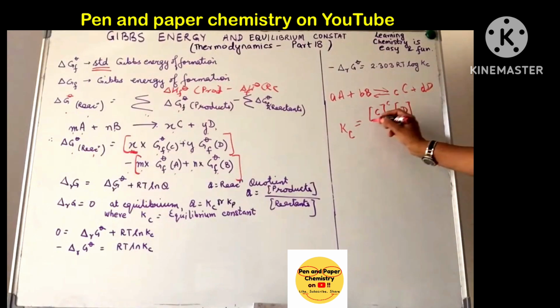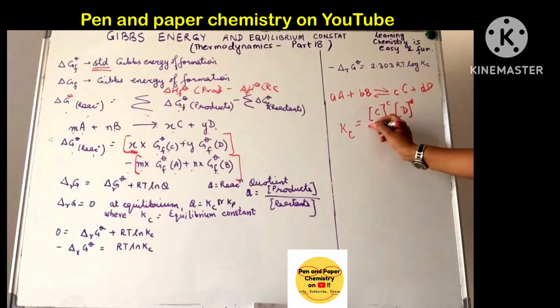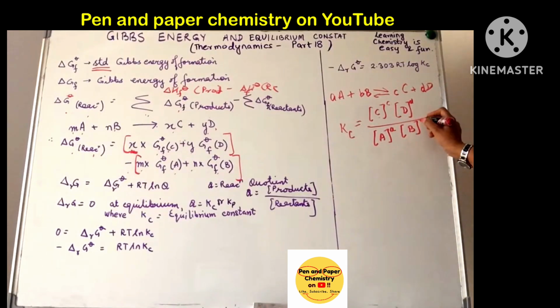The concentration here is in moles per liter of the products raised to the power of their coefficients, so here the coefficient of C is c, the coefficient of D is d, divided by the concentration of the reactants raised to the power of their coefficients. This is how we will write the equilibrium constant for a reaction. So [C] to the power c multiplied by [D] to the power d, over [A] to the power a, [B] to the power b.